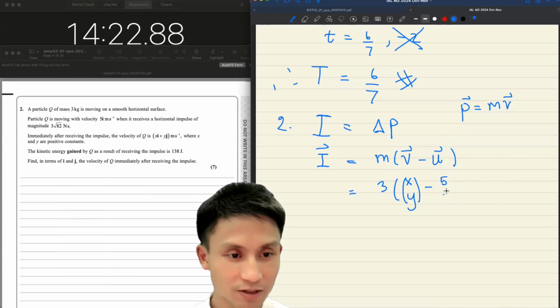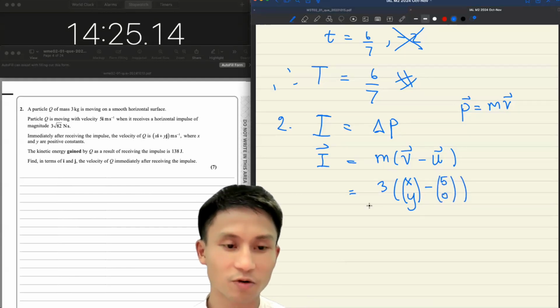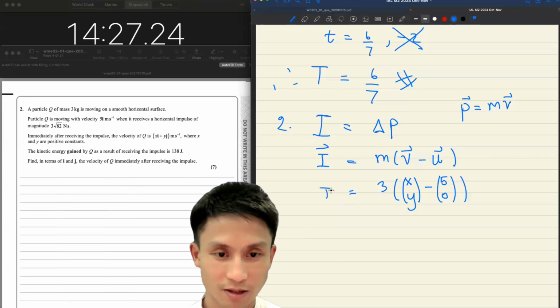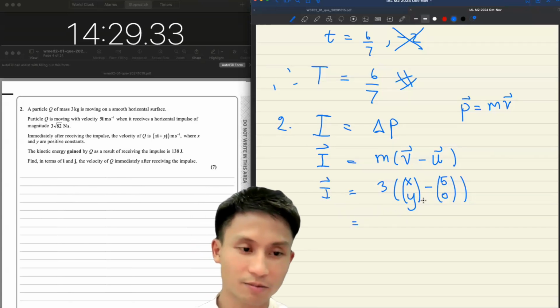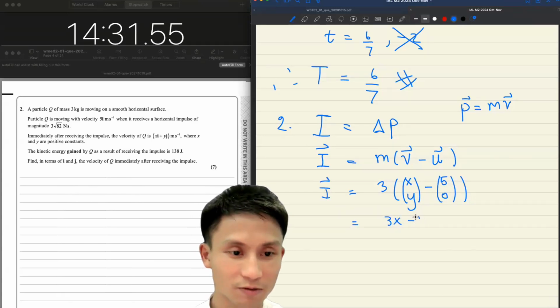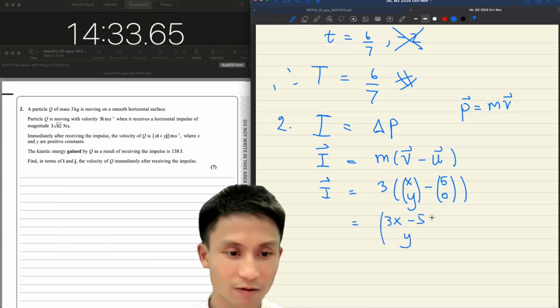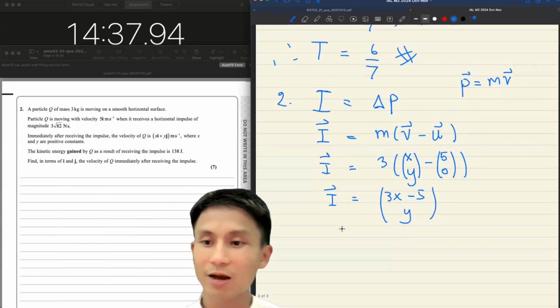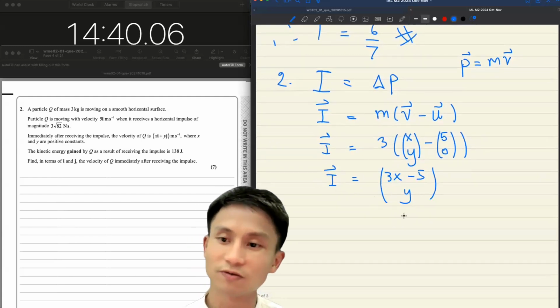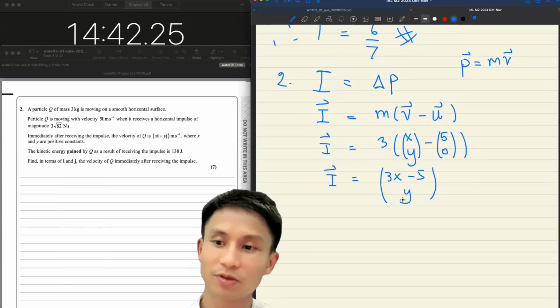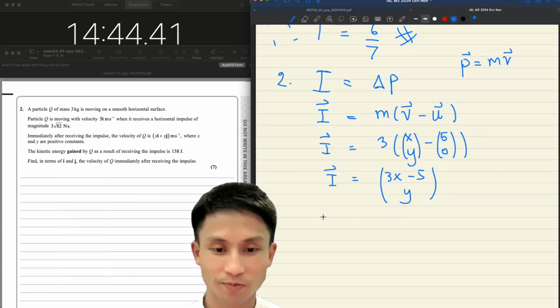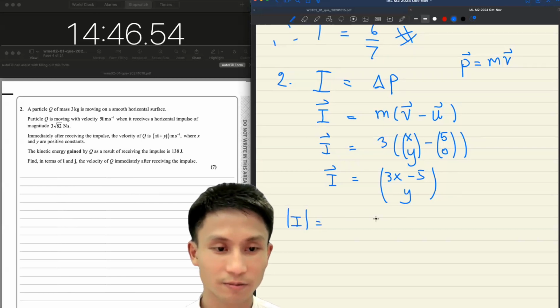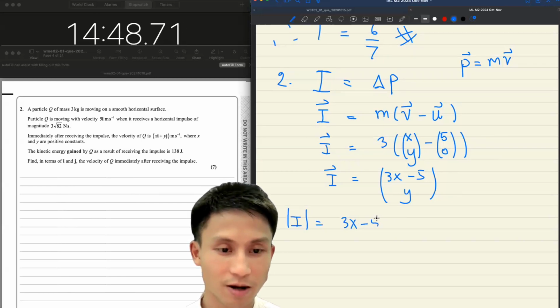So I'm just going to put 5 there and 0 here because it doesn't say any j component. All right. Okay. So if we simplify this, we get 3x minus 5 and 3y for the impulse vector. And we also know that the magnitude of this vector is 3 root 82. So we can do that. So that's going to be Pythagoras again.